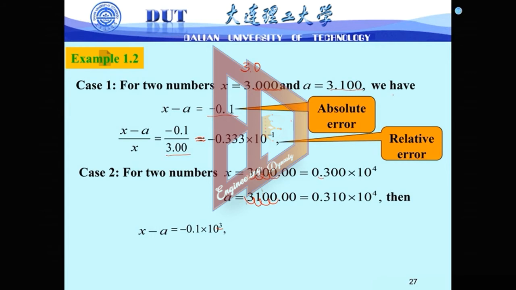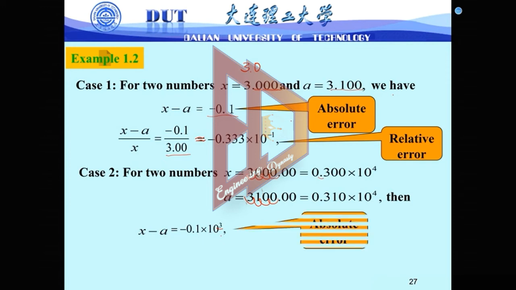Here 0.333, here 0.13300. Here we also have 3 zeros. The difference from this x to this x, the difference is a different decimal place, right? Okay, so the absolute error is different.